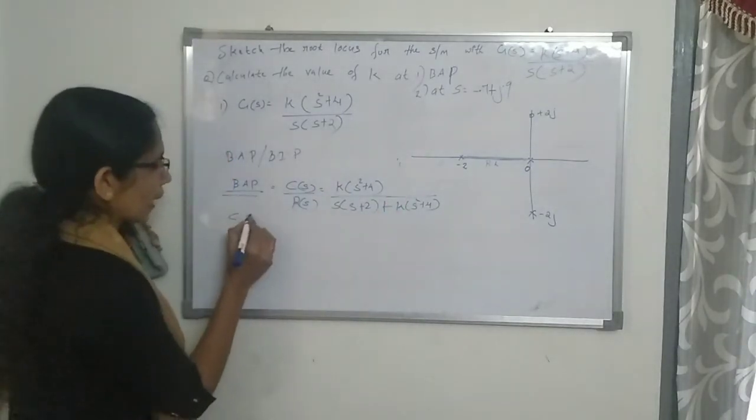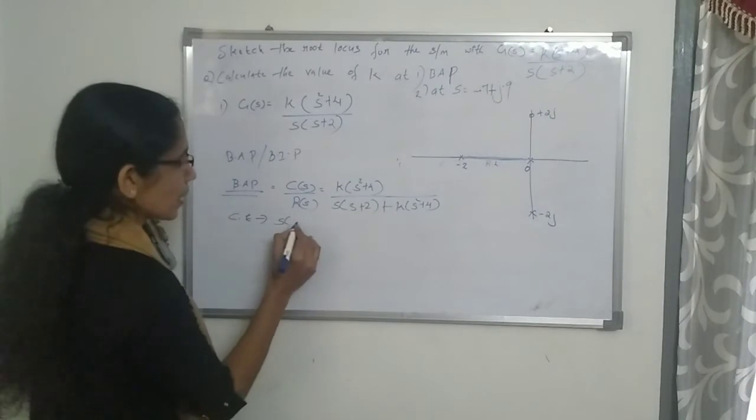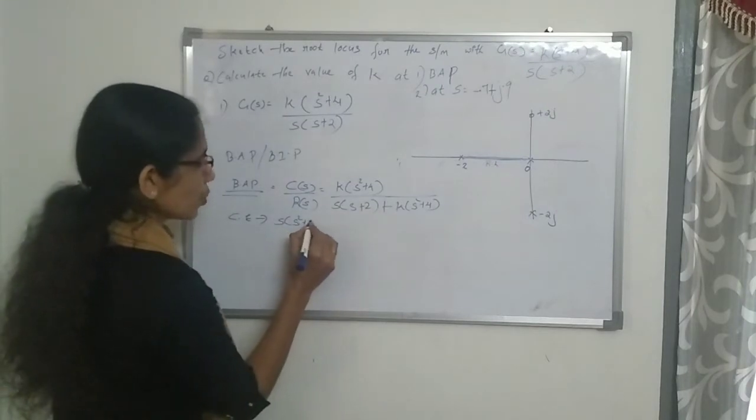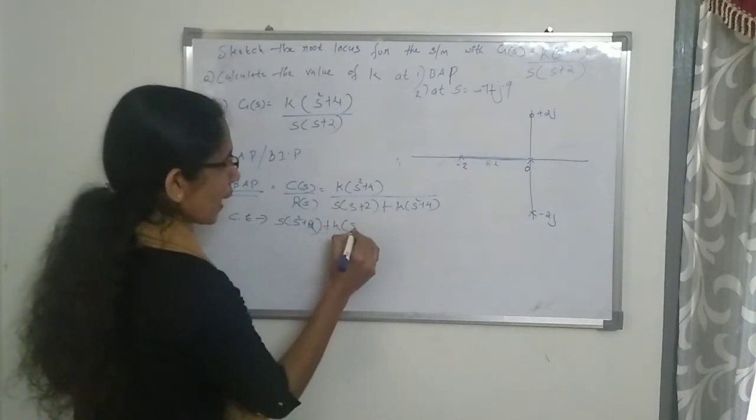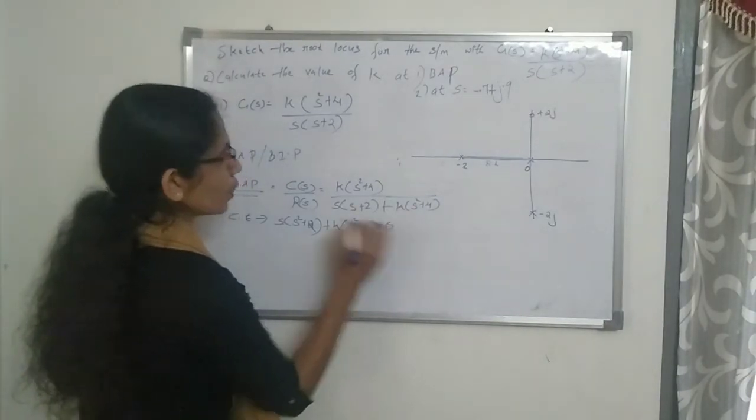Therefore, here the characteristic equation is s(s + 2) + K(s^2 + 4) = 0.